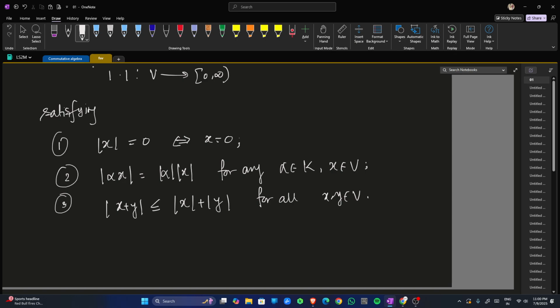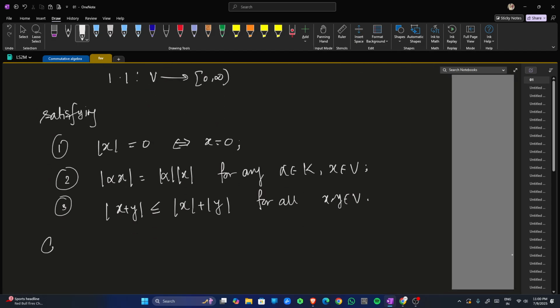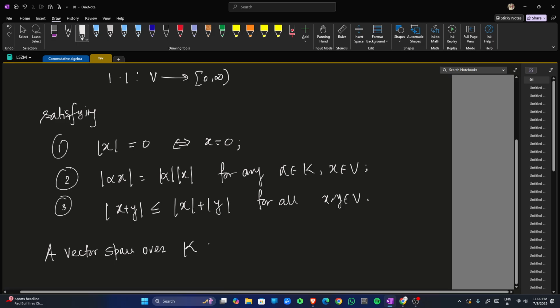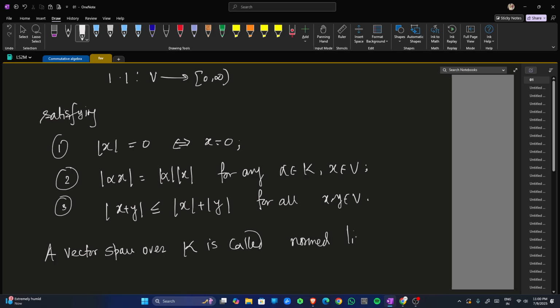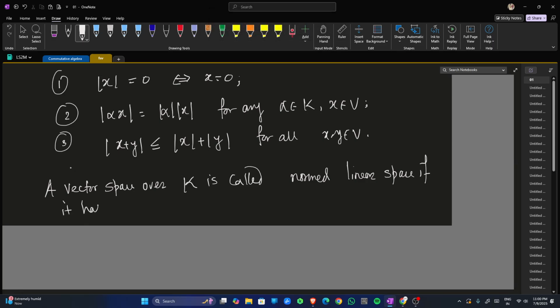Okay, so given a vector space over K, it is called a normed linear space if it has some norm, any norm.